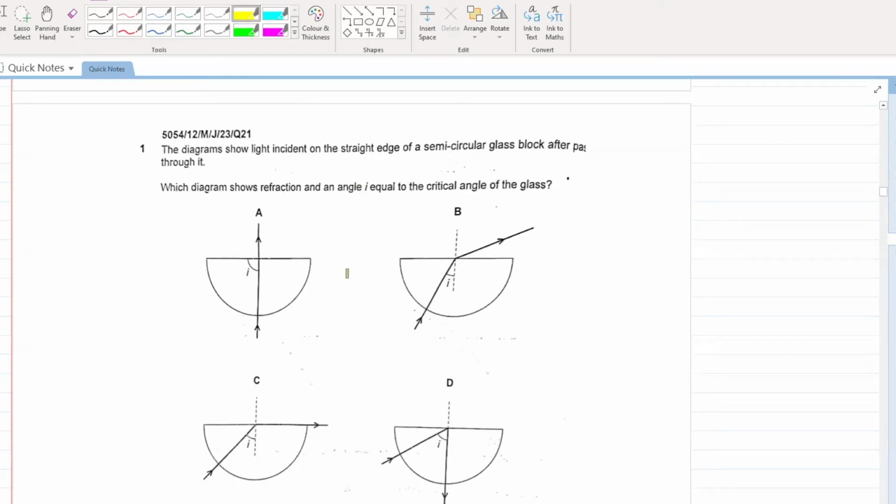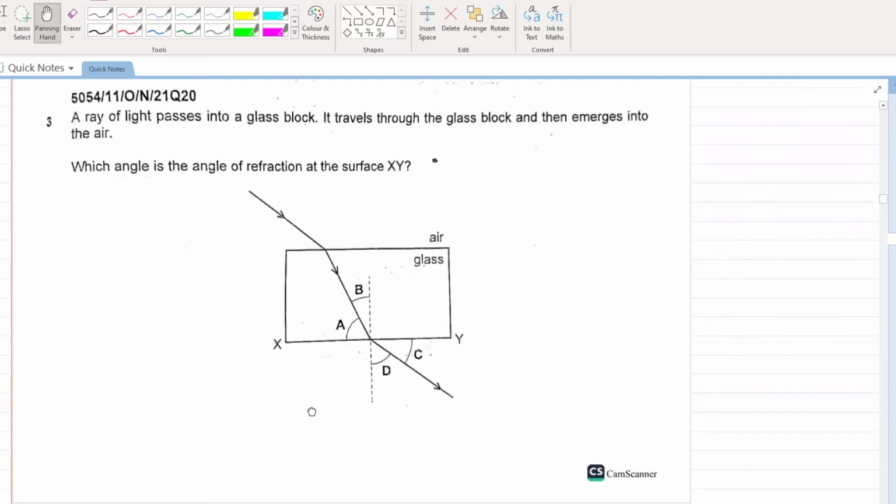We will have the refracted ray pass along the surface. So A can't be my option, B can't be my option, D can't be my option. If this angle of incidence is equal to the critical angle, then my ray will pass along the surface like this. Simple. Let's further move ahead.